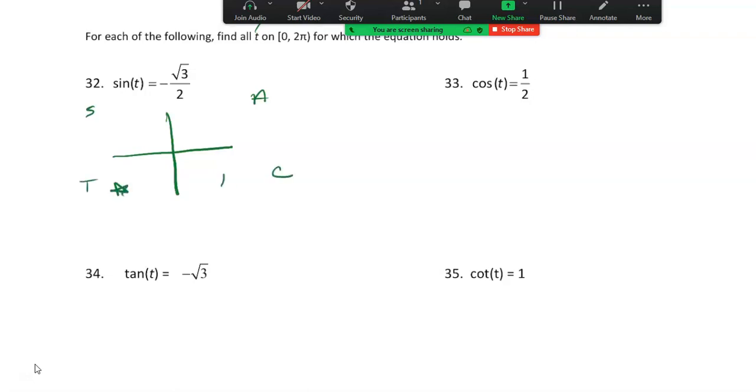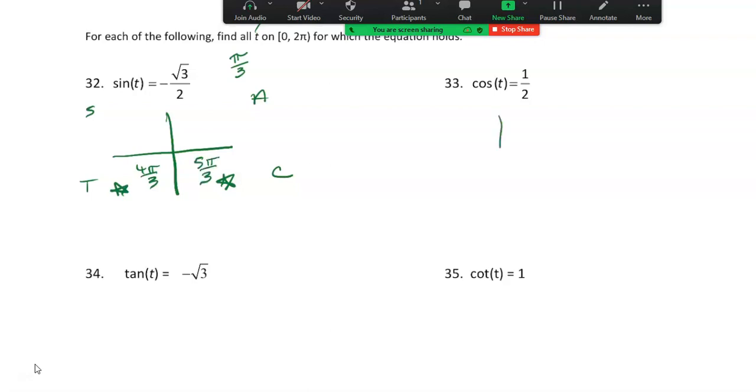The angles have to be here and here. Go up to your reference number and look for √3/2 as a sine value. That means that your reference number is pi/3. Find the denominators that match in the third and fourth quadrant, and that would be 4pi/3 and 5pi/3. Those are your answers.